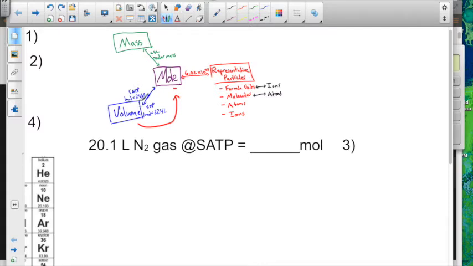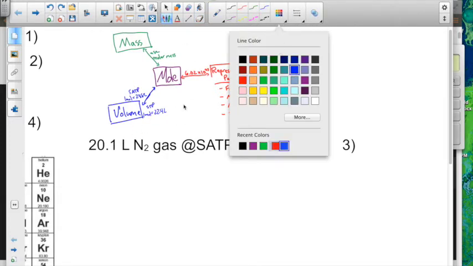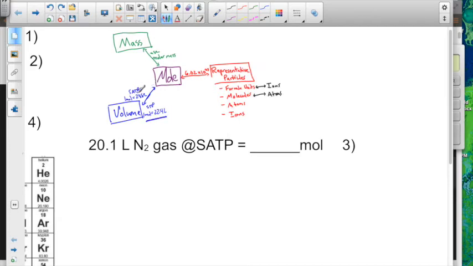So 1 mole is equal to 24.8 liters at SATP, so standard ambient temperature and pressure. And 1 mole at STP is equal to 22.4 liters. So we don't really need to know a whole lot about why at this point, but we do need to know that they are equal to 22.4 liters and 24.8 liters respectively.